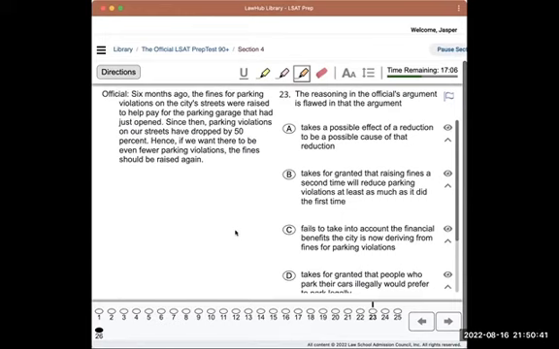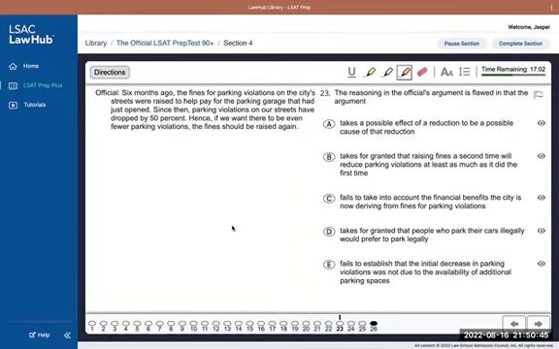So 23, we're looking at a flaw. Flaw questions and parallel flaw questions are great to do together, because the first steps and probably the most important steps to getting the answer right are going to be the same.